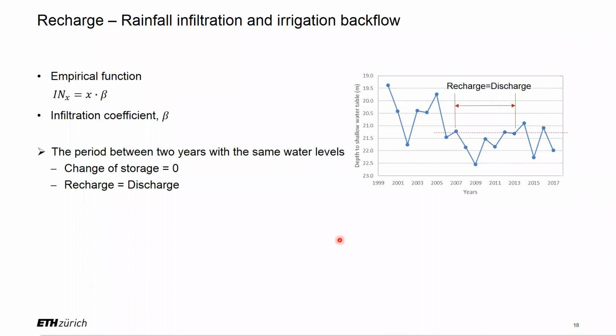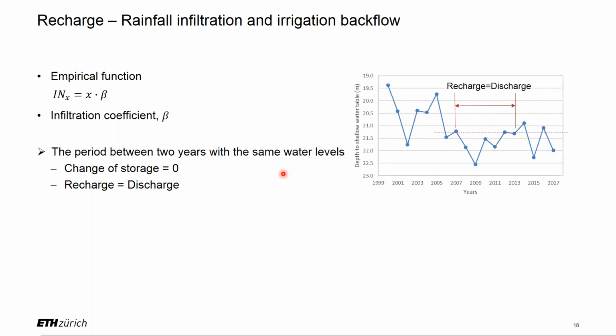And to determine the value of the infiltration rate coefficient, we can look at the period between 2 years with the same water level in history. In this period, since the water level at the beginning and at the end of the period is the same, the change of storage of the aquifer is equal to 0.